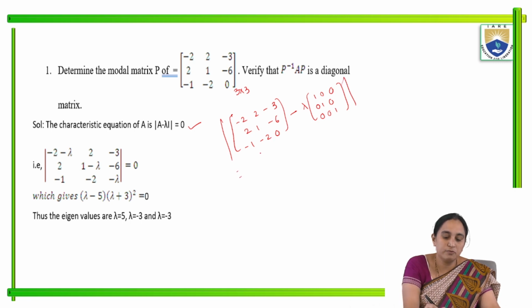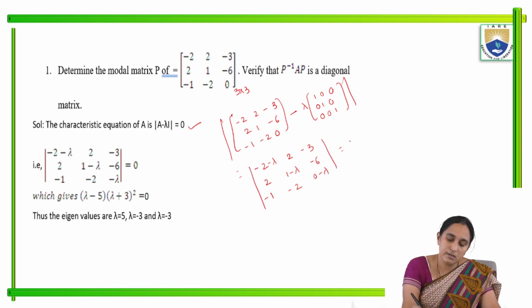After subtracting, we get -2 minus lambda, 2, -3; 2, 1 minus lambda, -6; -1, -2, 0 minus lambda. This is the characteristic equation form.